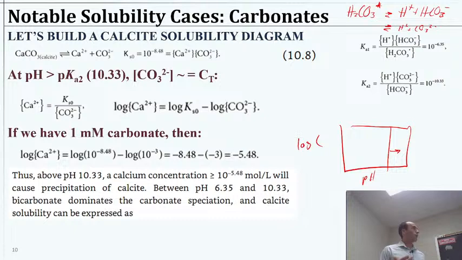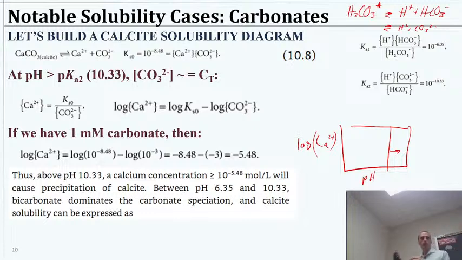So we can select maybe some typical carbonate concentration. If we know that, then we have an equation for the log C, in this case log calcium. We want to know at what level that would be at equilibrium with a solid.